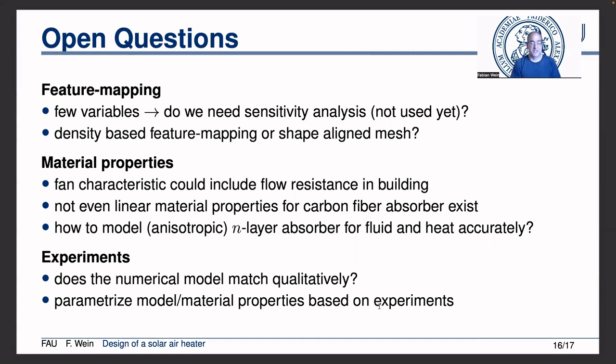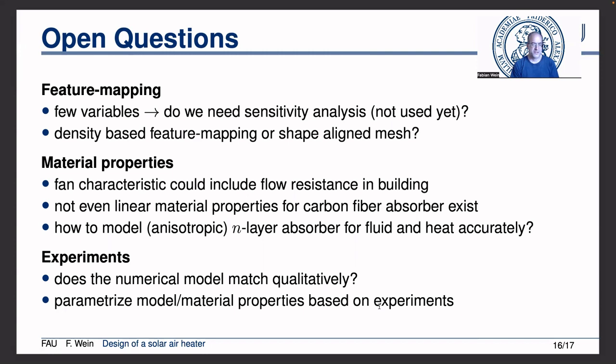For the material properties, for example for the absorber, I did not have data for linear material properties and really not for nonlinear properties. And I'm not really sure yet how to model the n layers, or 2 or 3 or whatever layers of the absorber with pseudo density for fluid and heat accurately, and if it's worth considering anisotropy for this.